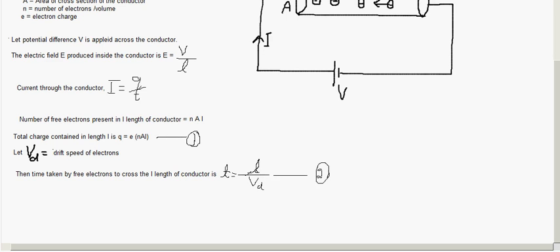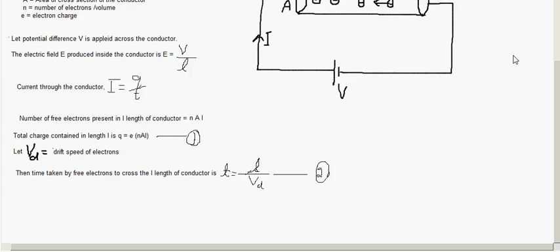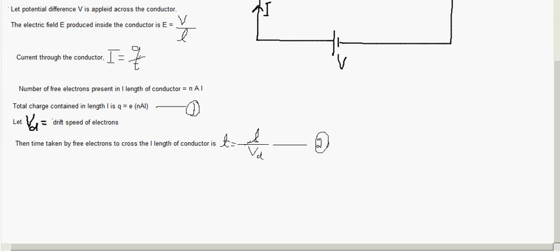So substitute equation 1 and equation 2 in the equation of current, which I mark as equation A.